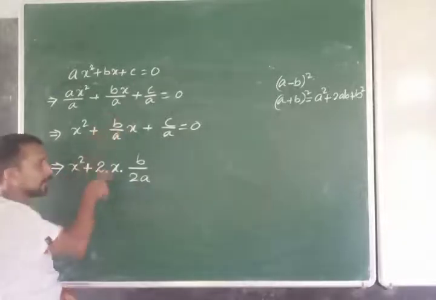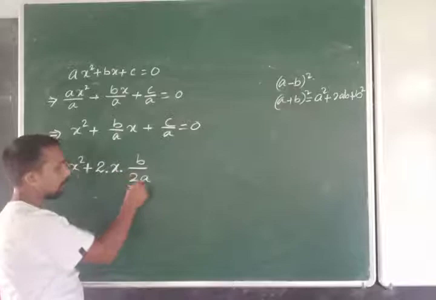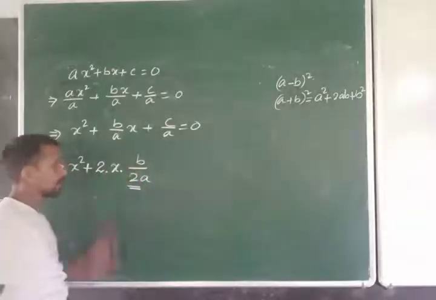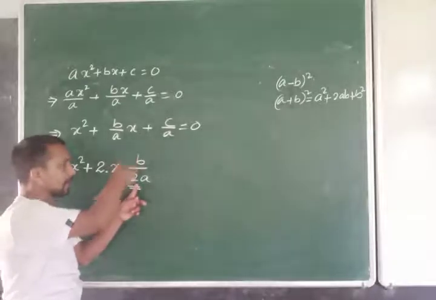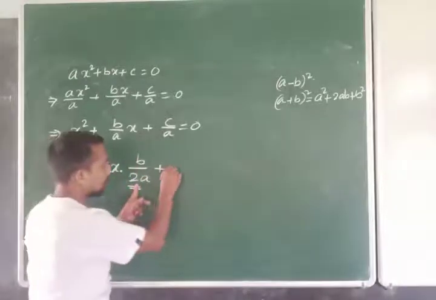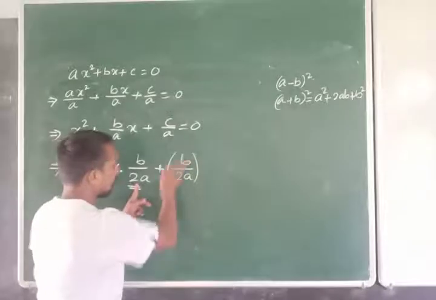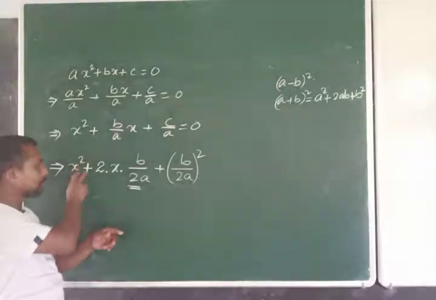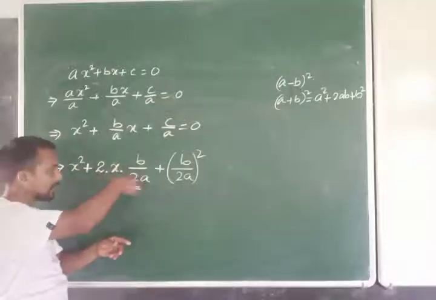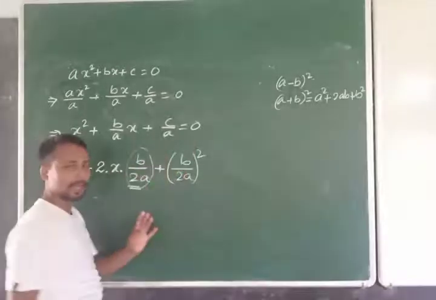This part we have changed into this form. Now this becomes twice a b, and this part becomes the b here. So let us take b square by twice a whole square, because a square plus twice ab plus b whole square.